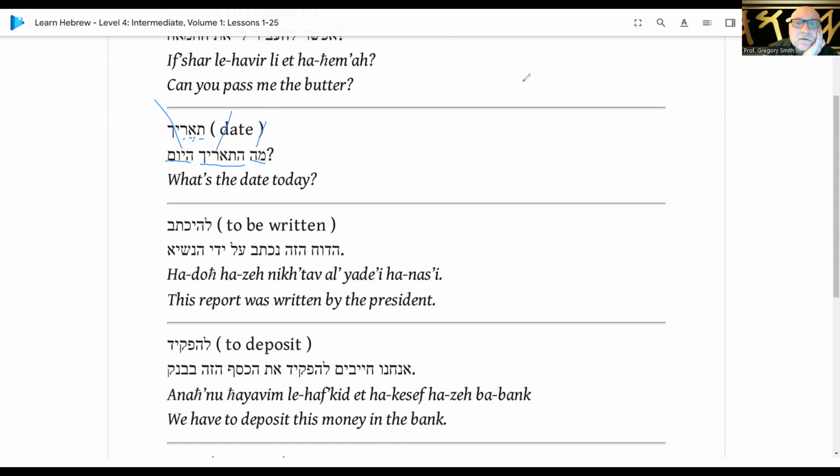So now look at this one here. This looks like lahik tab, to be written. Let's see. Lahik katab. Getting close here. להיכתב. Oh, it's lahikatev.